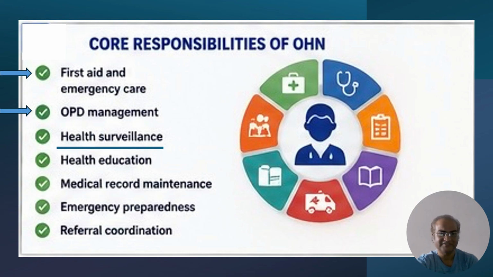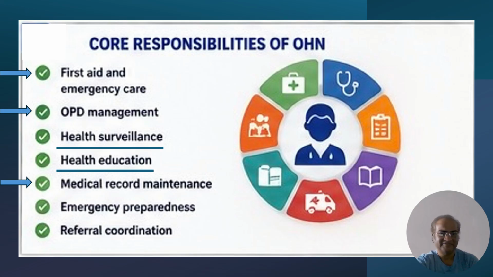This is the most important thing in occupational health services. Then also comes health education. This is also the most important part of occupational health. So as an OHN, you need to fulfill these two duties more. You need to focus on these two things more: health surveillance and health education.